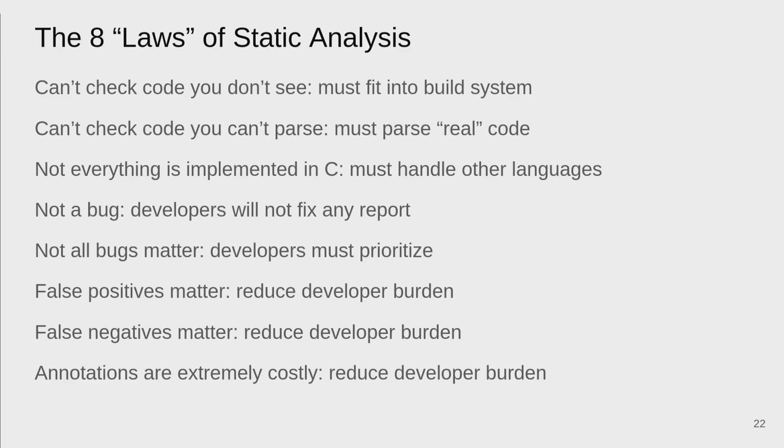You must be able to integrate the static analysis into the build system to actually work on the code that you're interested in, which sounds much easier than it is, right? Because there's like 4 billion build systems out there that are all very, very complex. And an academic prototype may support Make as a simple build system.